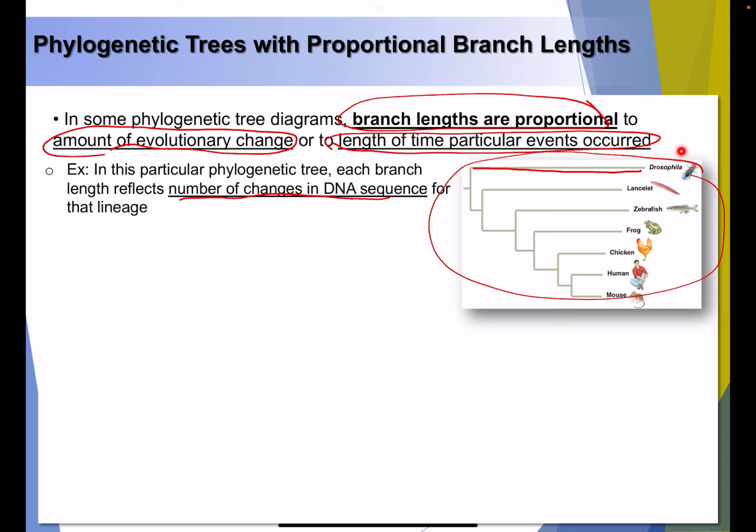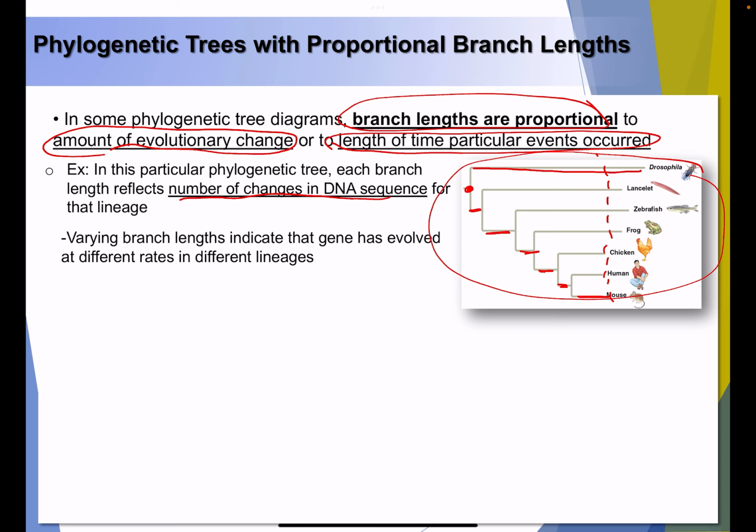So for this Drosophila to have evolved from this original common ancestor shared by all these species, this is the amount of evolutionary change that it took to become this Drosophila fruit fly. Whereas when we're comparing the mouse, it is a lot shorter, okay? Even if we take all these horizontal lines and add them all together, the mouse is still shorter in length compared to the Drosophila.